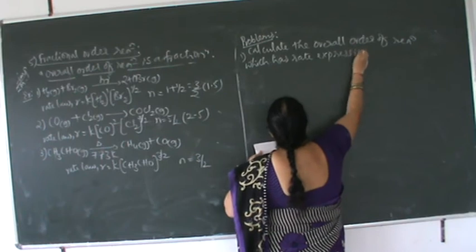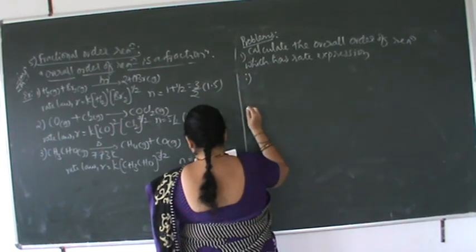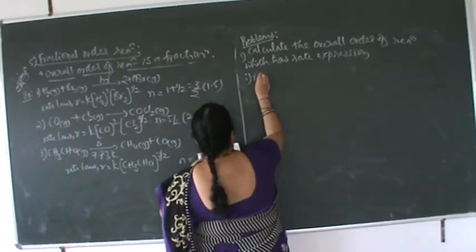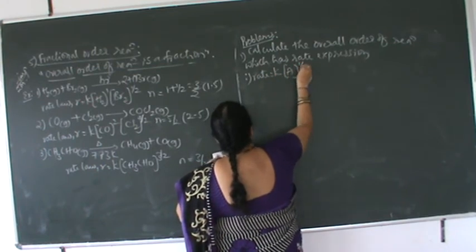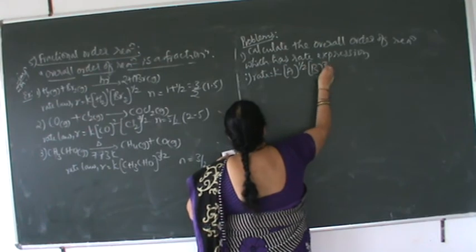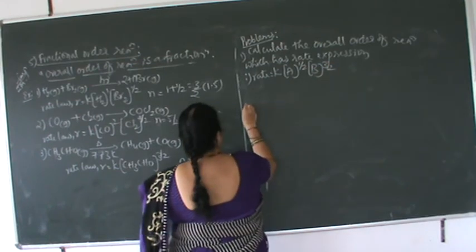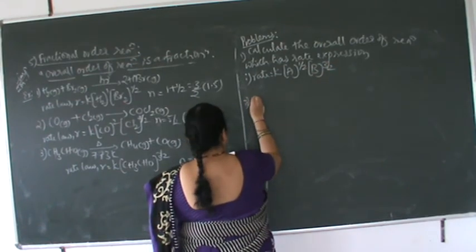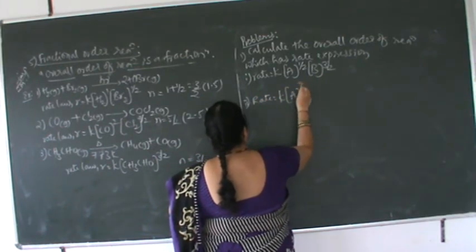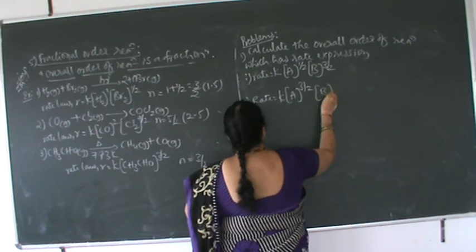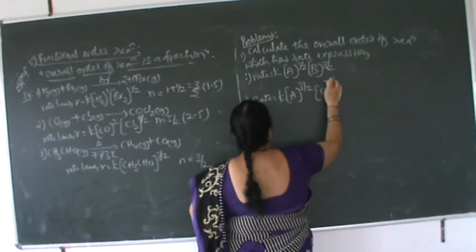In the first question, rate is equal to K into [A] raised to half into [B] raised to 3 by 2. Second question, rate is equal to K into [A] raised to 3 by 2 into [B] raised to minus half.